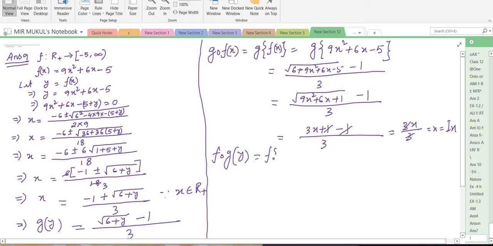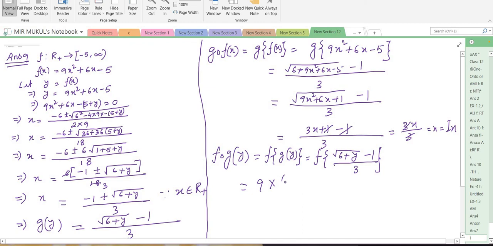So f of g(y). Now g(y) equals root over 6 plus y minus 1, upon 3. Then f of this, so 9 into its whole square.